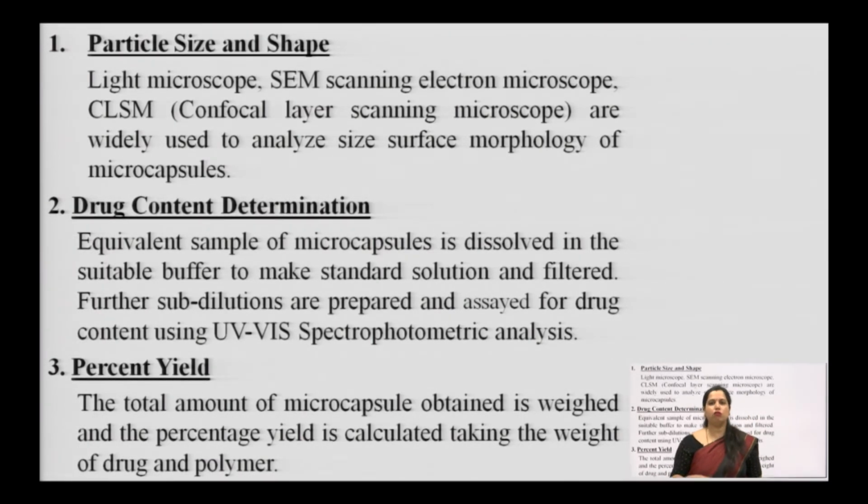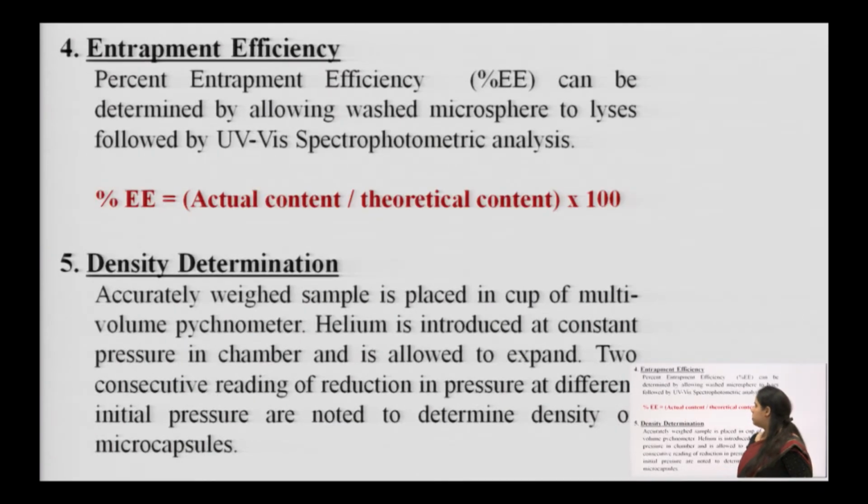So, according to your specification you can choose your method of preparation. This is how we can calculate percentage yield: how much quantity of drug as well as polymer we have taken during the manufacturing process, and how much quantity we have got after the manufacturing process.